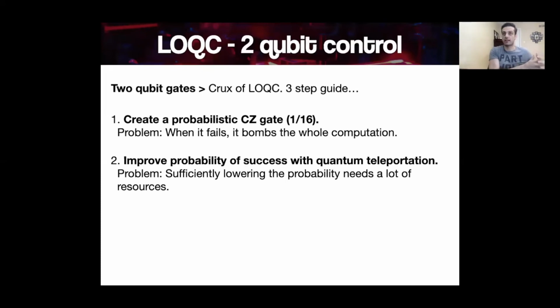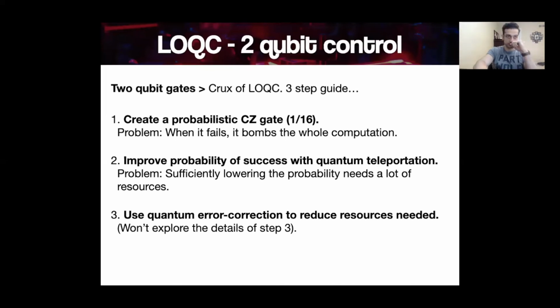So we create it offline, and then we use teleportation to teleport it onto our circuit, but only when it actually worked. However, teleportation can't be done perfectly with linear optics, and so we still have a probabilistic gate, albeit one that operates with a much higher probability.